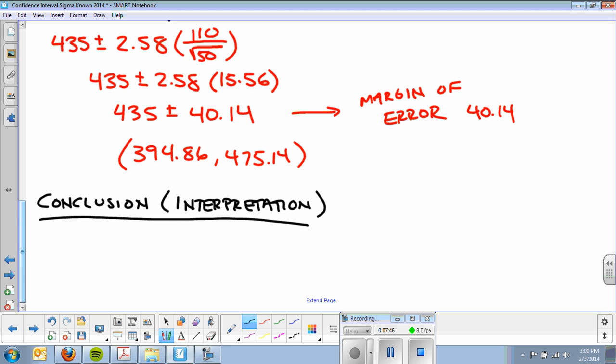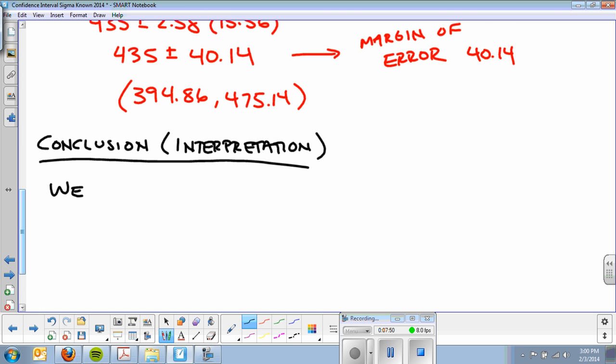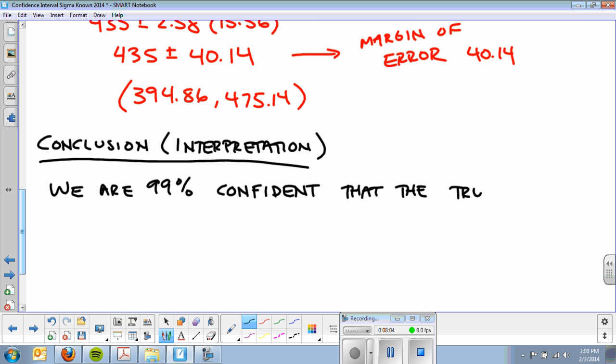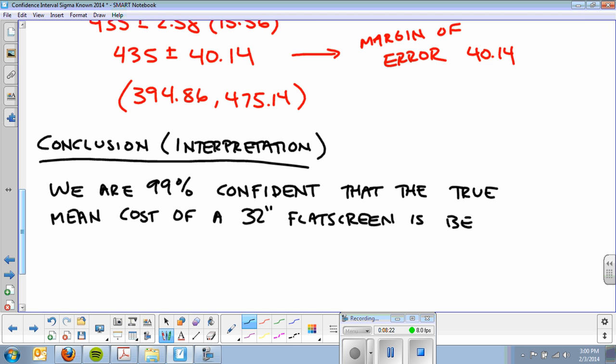Okay, so we are 99% confident that the true mean or average cost of a 32-inch flat screen is between $394.86 and $475.14.